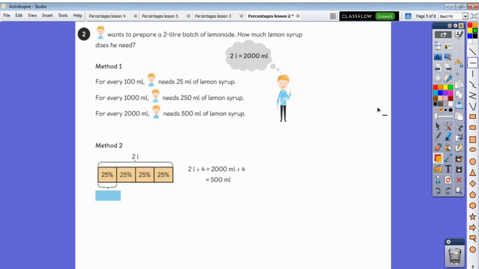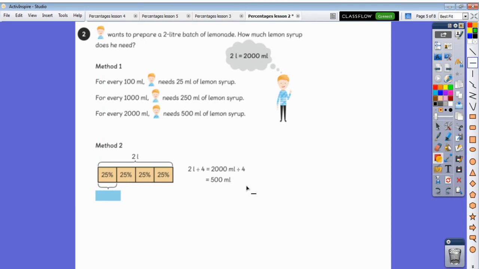Okay, so if we multiply 100 by 10 to 1,000, we need to multiply 25 by 10 for 250. So for every 1,000 millilitres, we need 250 millilitres of lemon syrup. And then if we double the 1,000 to make 2,000 millilitres, we then need to double 250, which would take us to 500 millilitres. So that's one way of doing it.